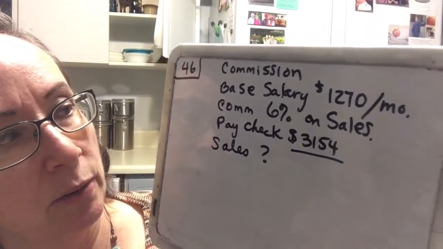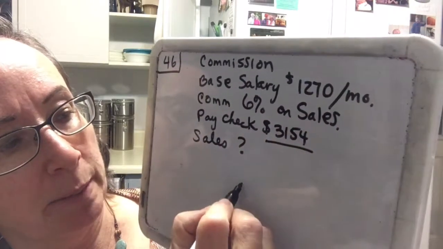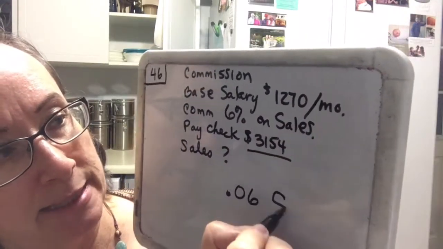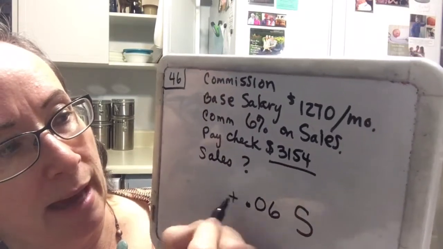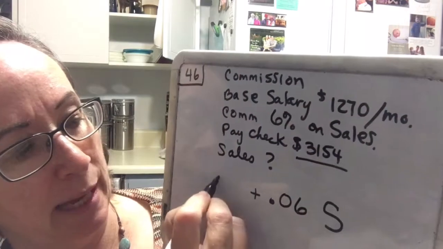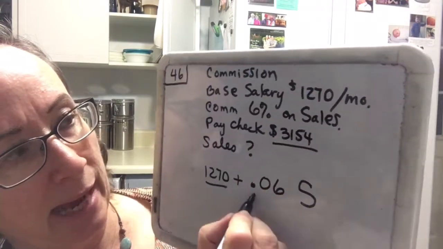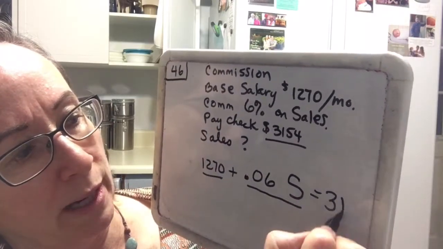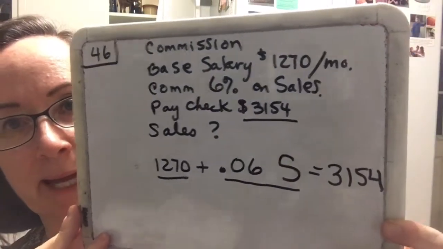Okay, so we know that his commission is going to be 0.06 times his sales. And we're going to have his original base pay of $1,270, and then when you take his base pay and his commission, he's going to get $3,154 at the end of that month in that paycheck.